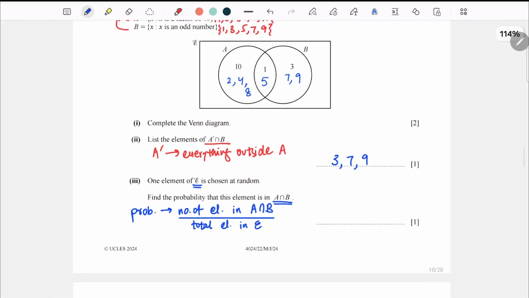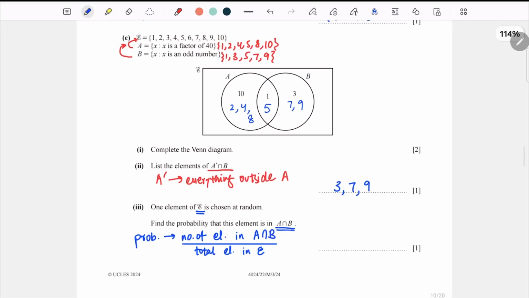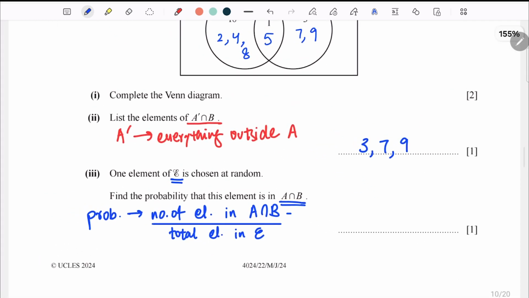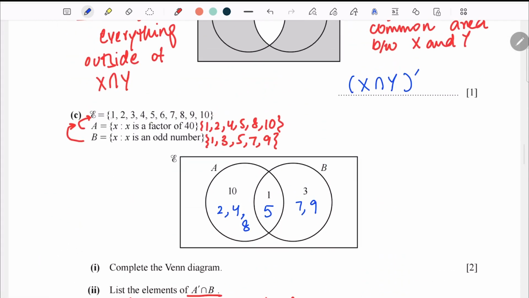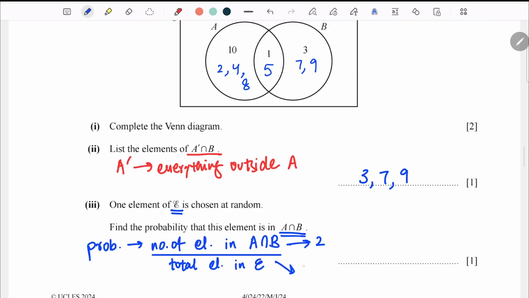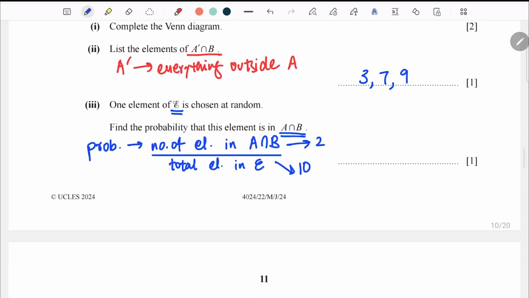The number of elements in A intersection B is 2, and the total number of elements in universal is 10. So the probability would be 2 divided by 10, and when we simplify this we get 1 over 5.